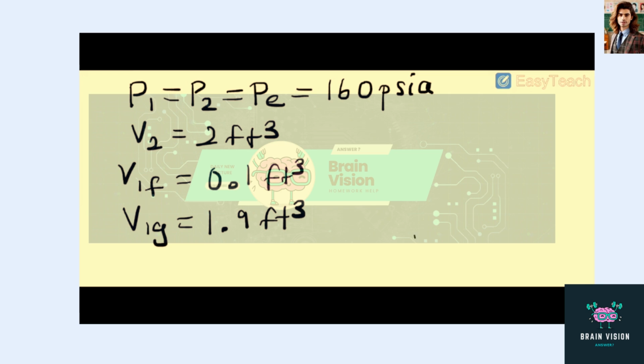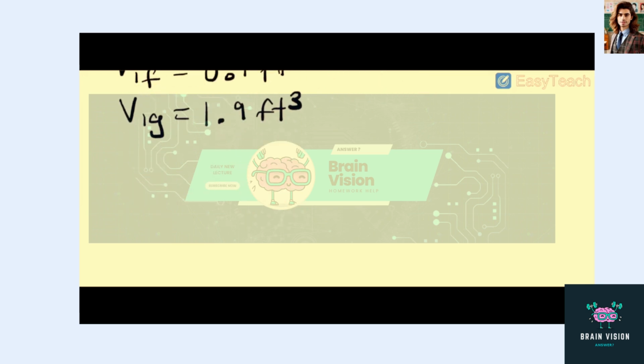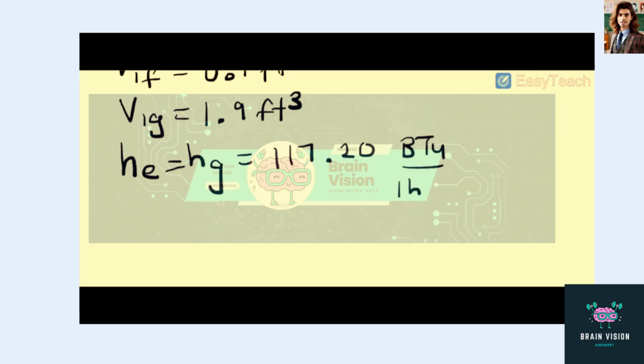So what we'll do is we'll find first the specific enthalpy. We'll see that the specific enthalpy leaving will be equal to Hg, which is equal to 117.20 BTU per pound mass.